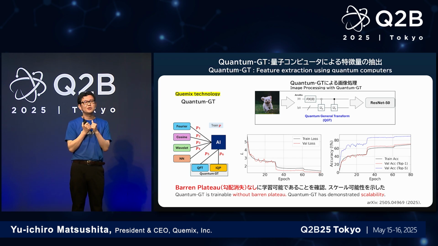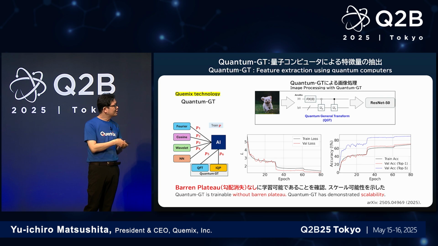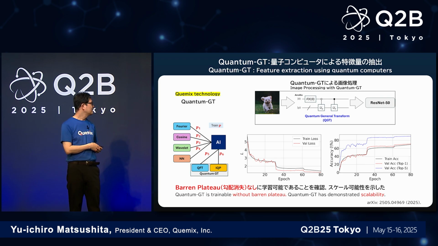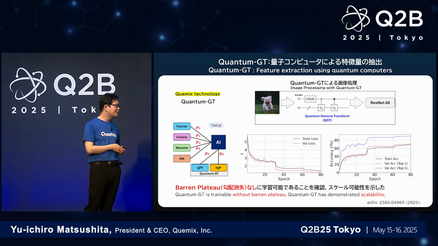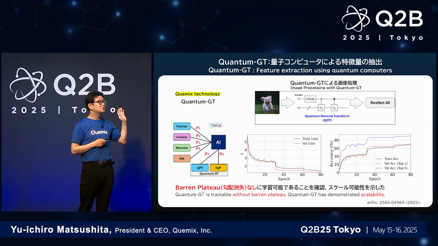And on the quantum computer, you'll be able to combine it with GT and get a great result. And this is a preliminary result, but on a simulator, we have run this, and you can see that we were able to train quantum GT without barren plateau, which demonstrates the scalability.